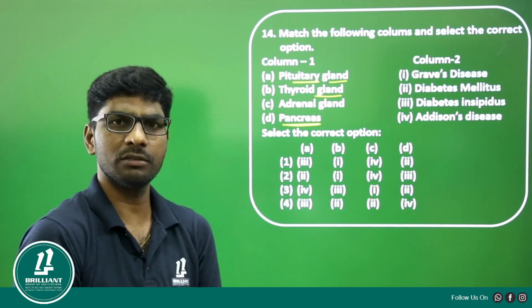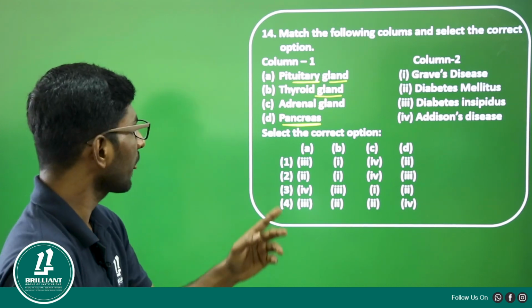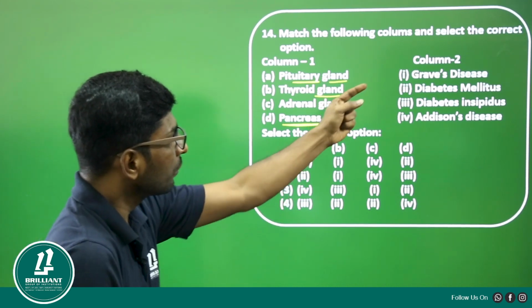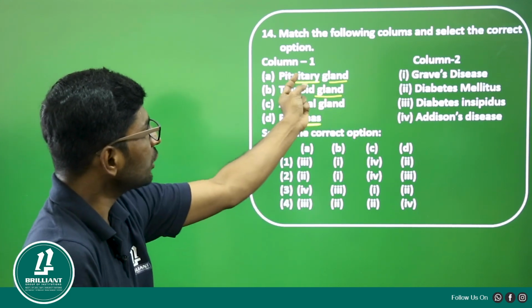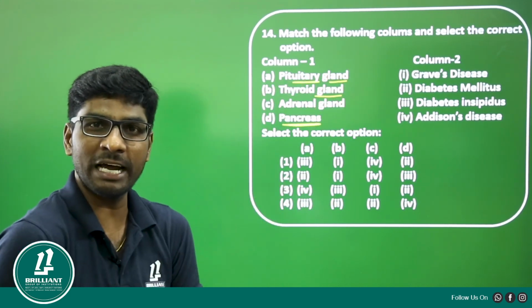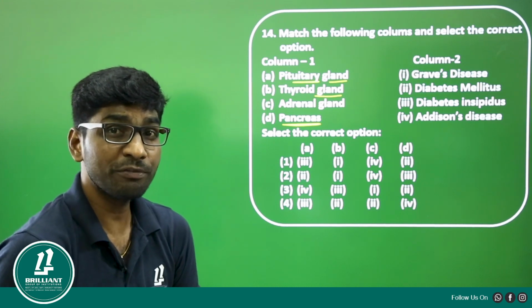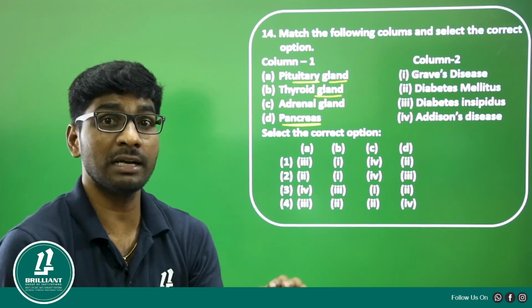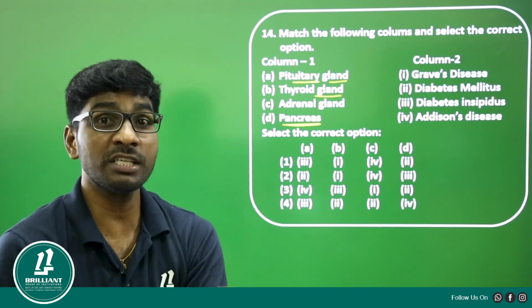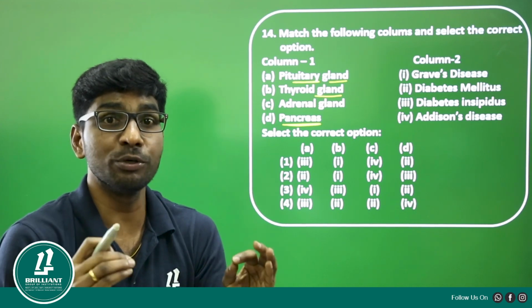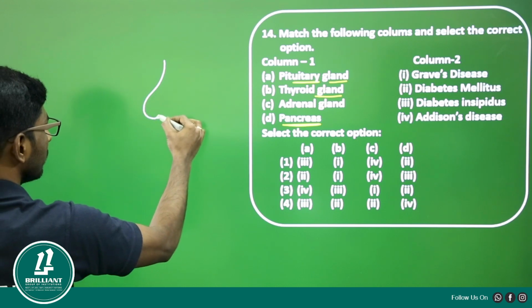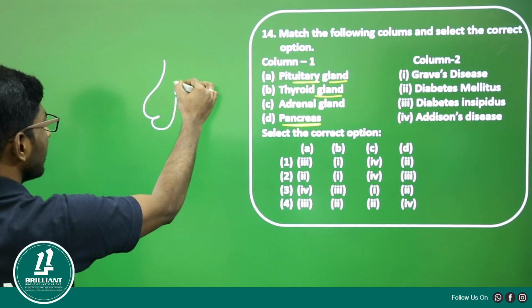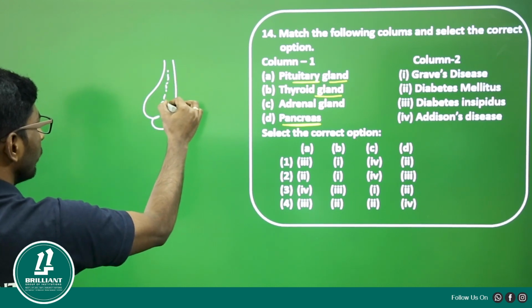So, how can we do this question? Pituitary gland. Among these 4 in column 2, which one is correct for the pituitary gland? How many of you remember, the posterior lobe of the pituitary gland is called what? Neurohypophysis. The pituitary gland has 2 lobes, right?